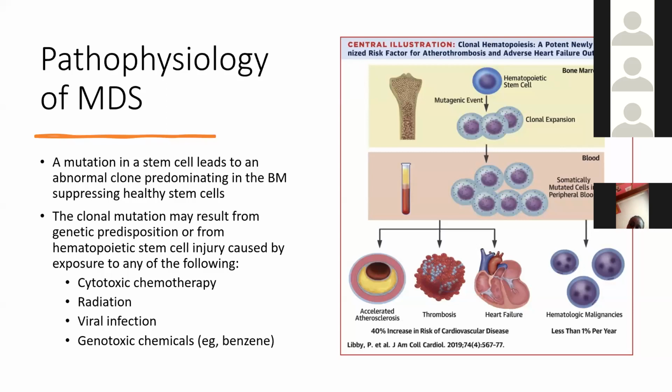Or the second could be due to hematopoietic stem cell injury caused by exposure to any of the following. Anybody who has had cytotoxic chemotherapy, and here we recall, let's say a patient had Hodgkin's lymphoma, they were treated with cytotoxics, and then several years later present with myelodysplasia. This is because cytotoxics can predispose one to developing myelodysplasia.